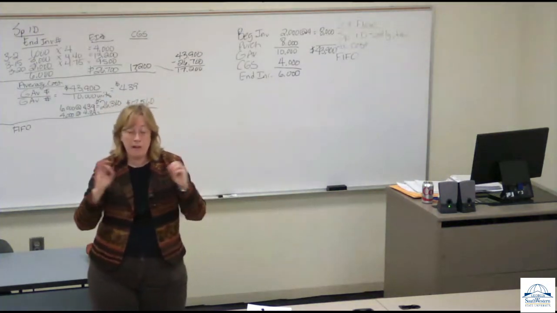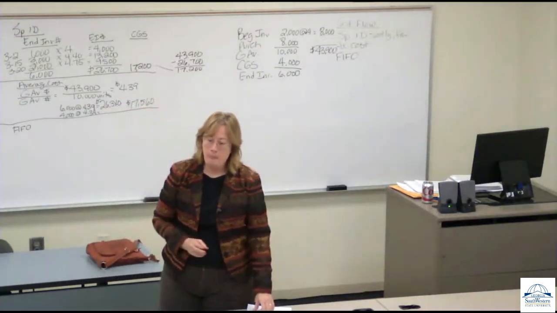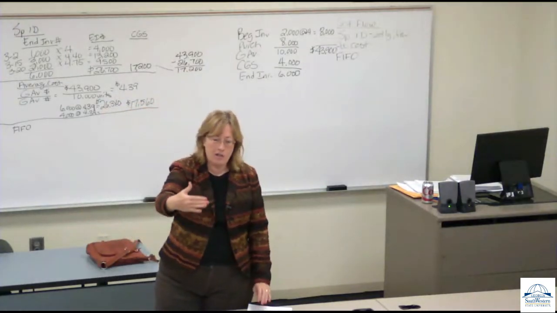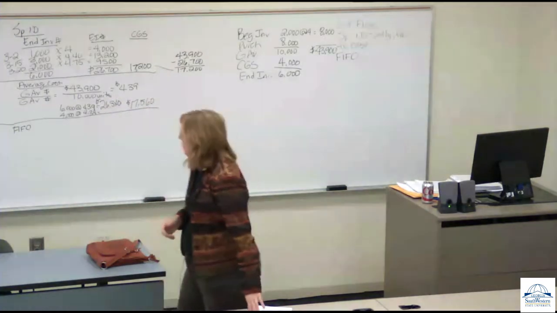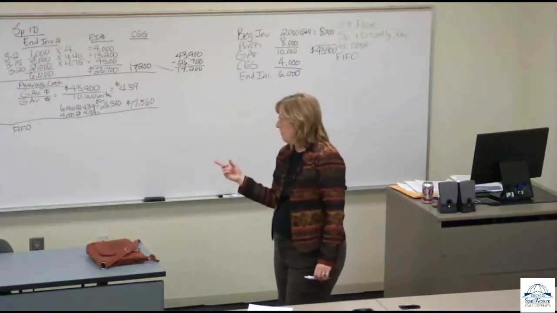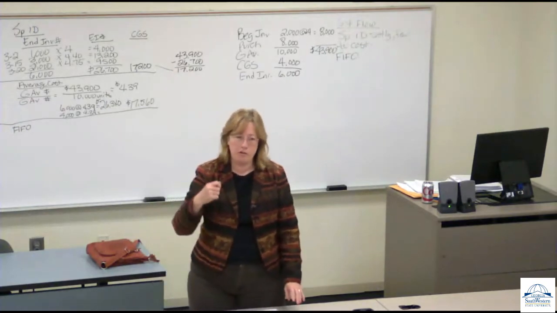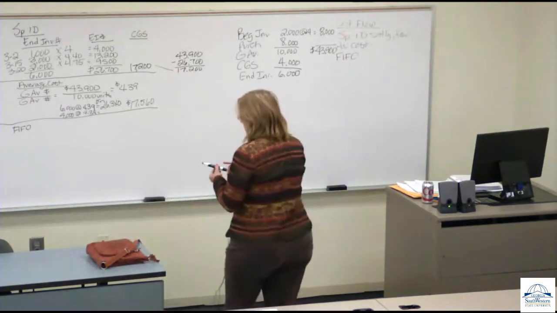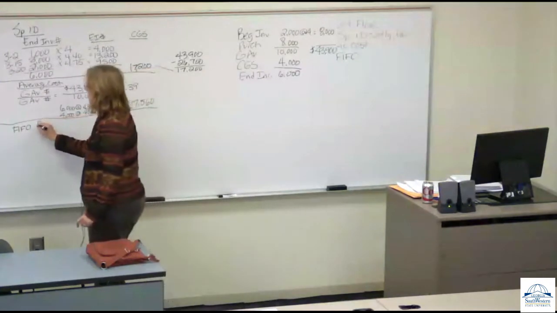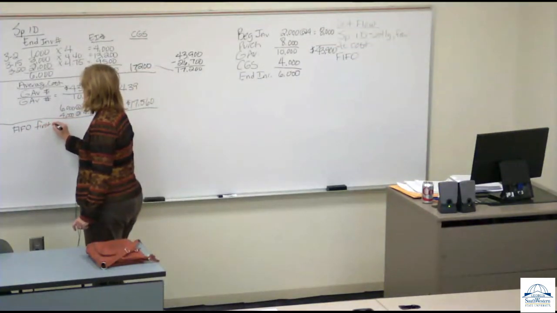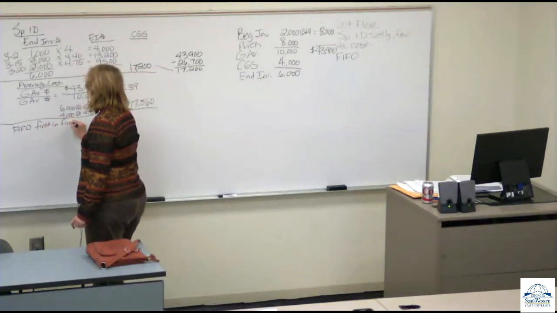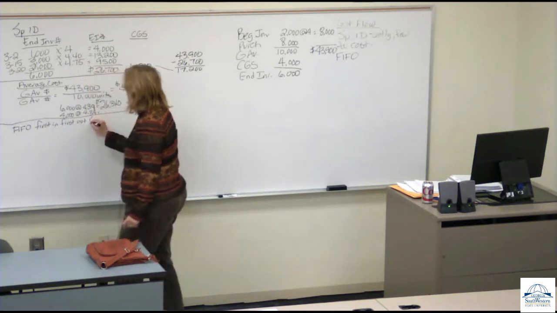But imagine if I were a grocery store and I had a bunch of goods on the shelf. Under the FIFO method, the first ones in are the first ones out, all right? So y'all get this, right? This means first in, first out. What does out mean?